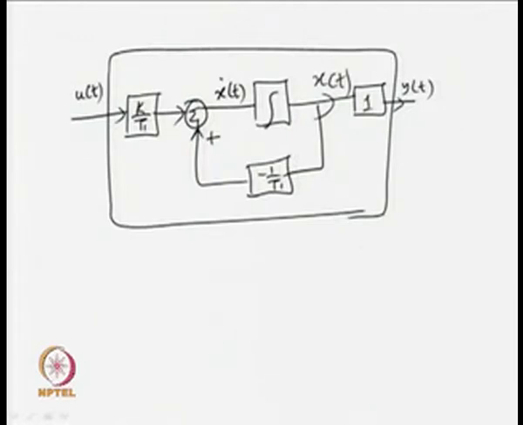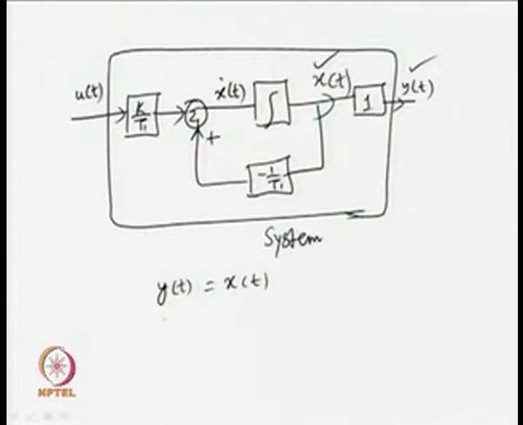So, whatever dynamics this system model gives can be explained with the help of the state variable x t and the output variable y t. Now, if I look at the block diagram, y t equal to x t.